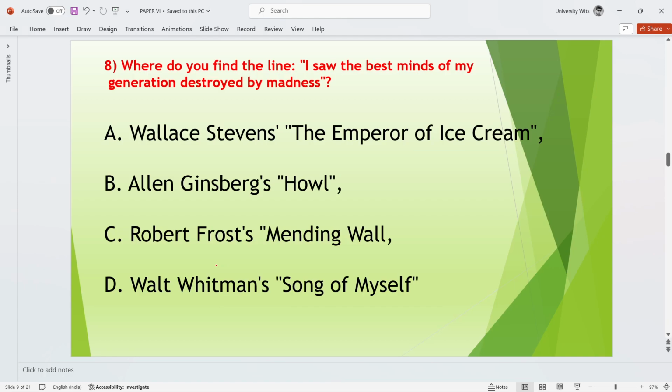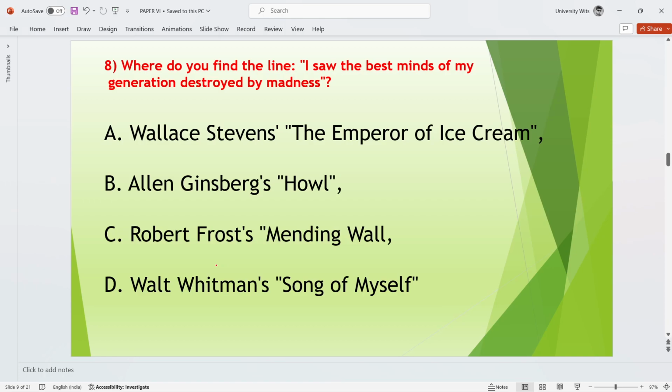Walt Whitman's Song of Myself is also not the right option, because in this work he celebrates individuality and connection, but it doesn't contain the specific line about madness. If you read this work, you will also understand.